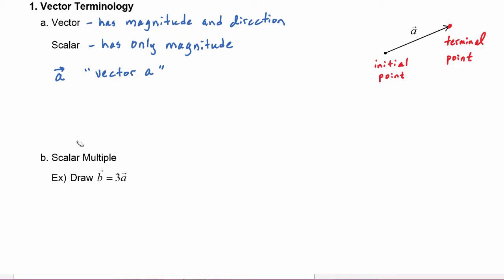We can do what's called a scalar multiple of a vector. Remember that a scalar has magnitude only, meaning size only.